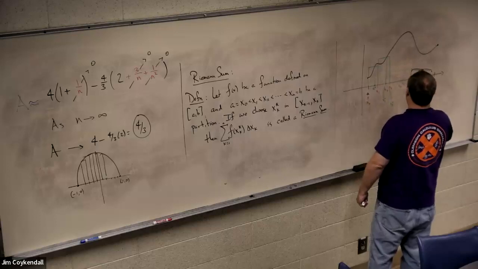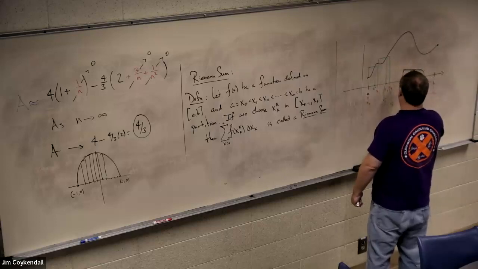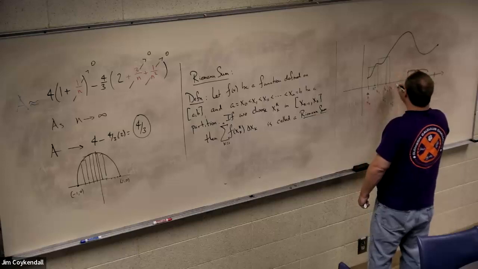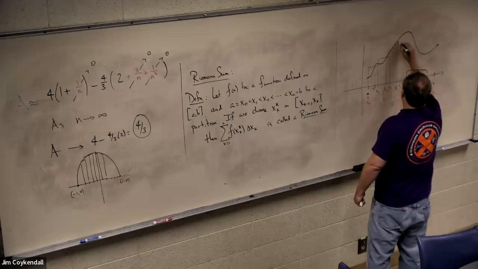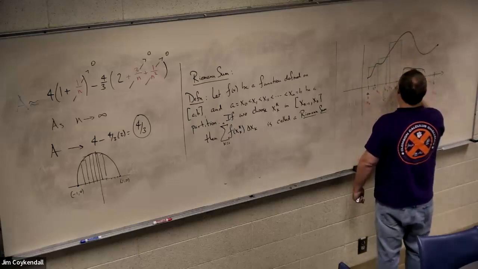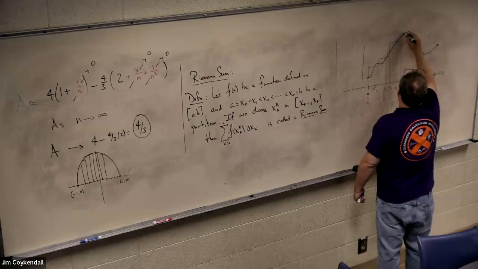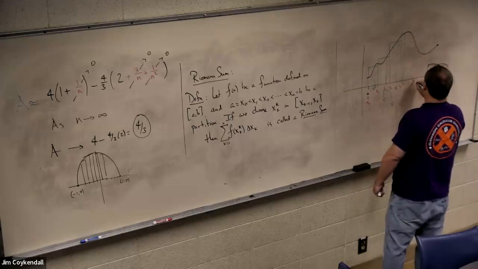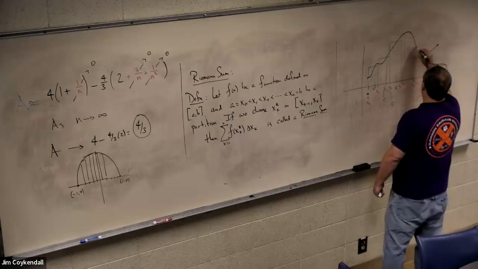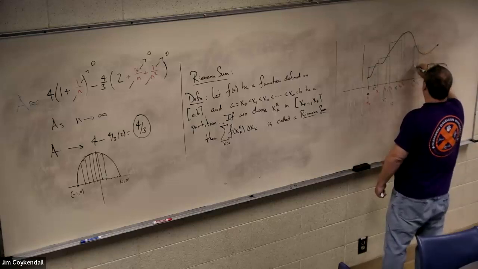But like I said, in general, you can put them anywhere. Here's my test point for x4, I'll use this one to determine the height. x5 star here, determine the height. And in general, maybe xk star here.